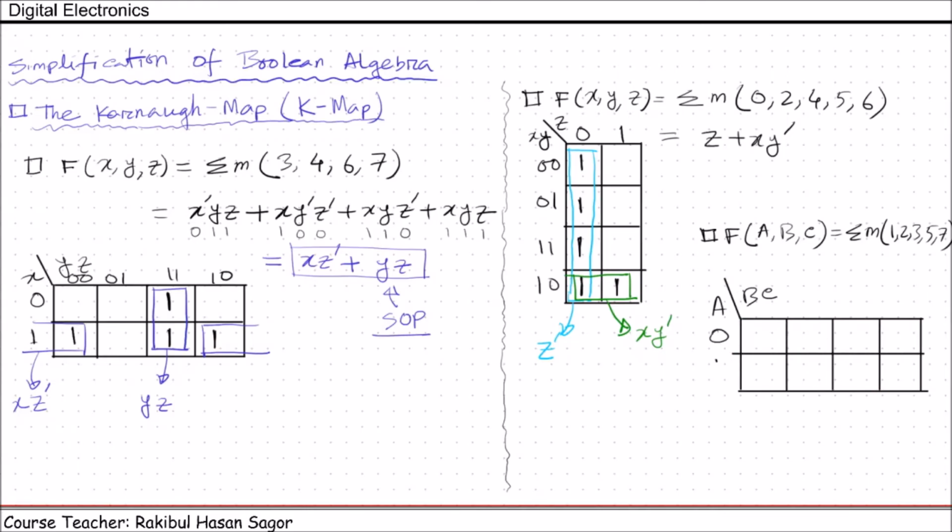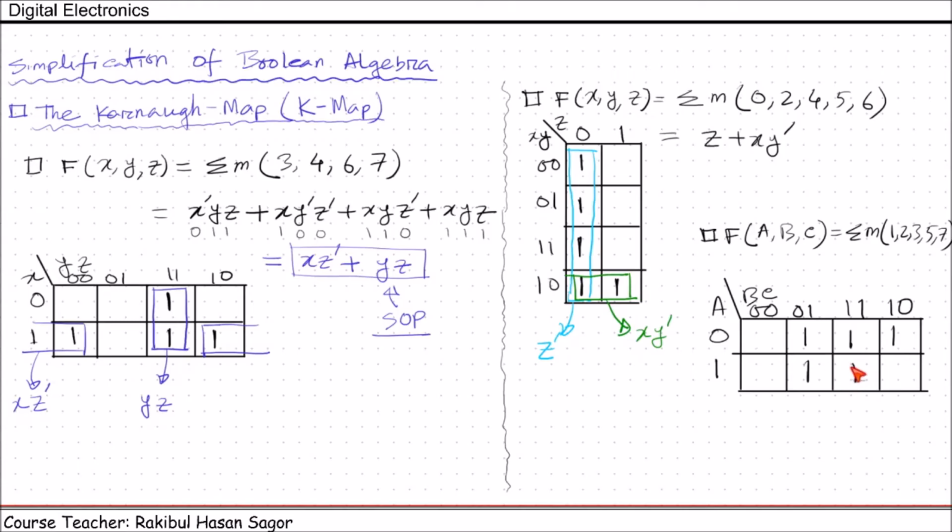A equal to 0, a equal to 1, bc equal to 00, 01, 10, 11. Now where to put ones? 1 means 0, 0, 1 here. 2 means 0, 1, 0. 3 means 0, 1, 1. 5 means 1, 0, 1. 7 means 1, 1, 1.